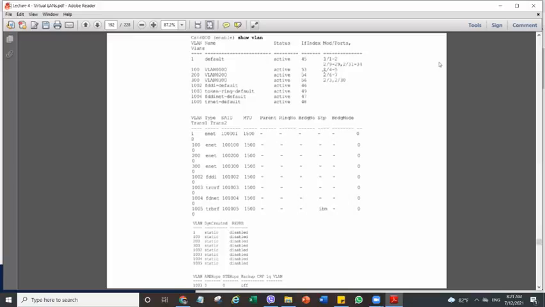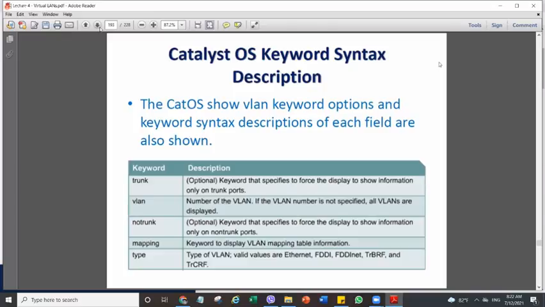But VLAN 100 represents the second interface card port 4 to 5, port 6 to 7, and port 30. Those are important to find out or troubleshoot the network accordingly.